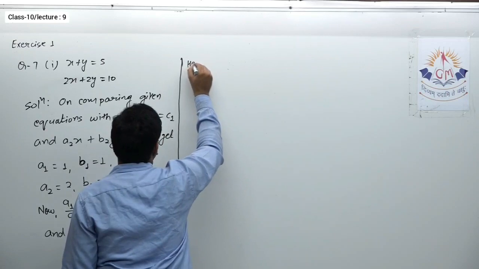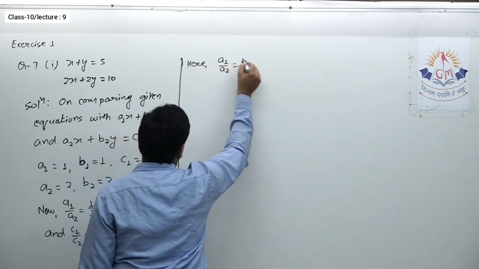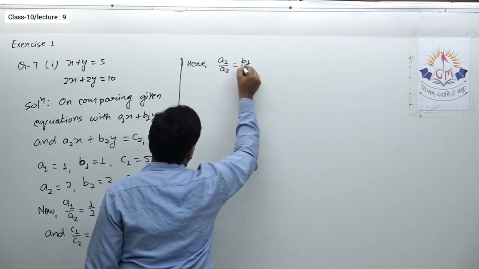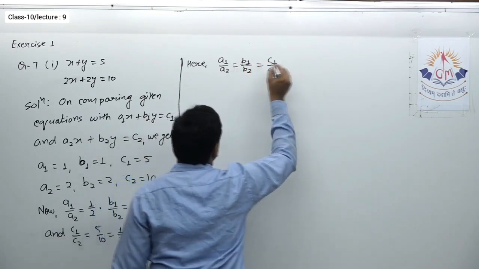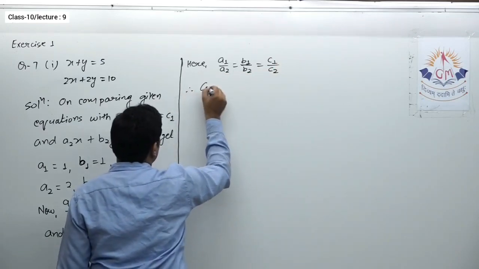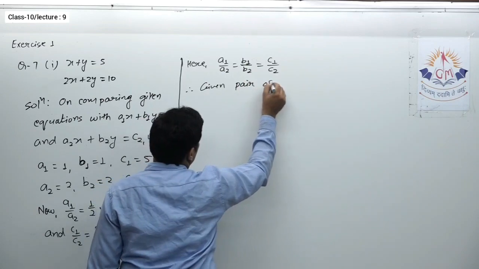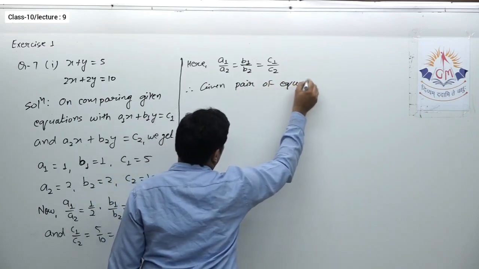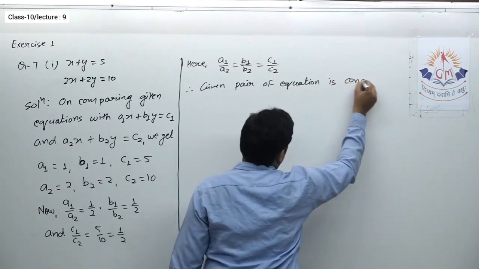So a1 upon a2 is equal to b1 upon b2 is equal to c1 upon c2. Therefore, the given pair of equations is consistent.